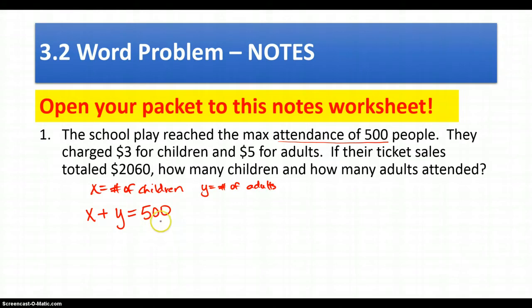Now the second part of the word problem, they start talking about money. It says $3 for a child, $5 for an adult, and this is the total amount of money they raised. So I can write an equation, $3 for each child. Well, if 2 kids win, it would be 6. 3 kids win, it would be 9. 4 kids, 12.